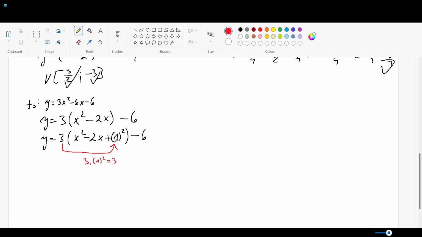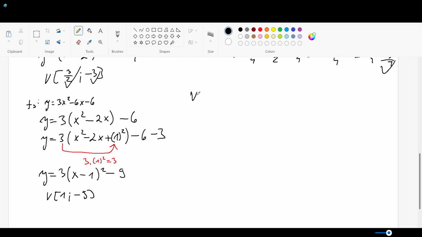So as you add number 3 here, you have to take away 3 from this expression so that you have the same expression. And now if you simplify this, it's going to be 3 times x minus 1 squared minus 9. You can read from the vertex form that the vertex coordinates are 1 and negative 9.